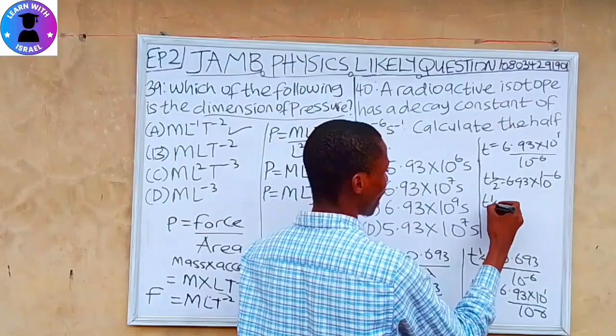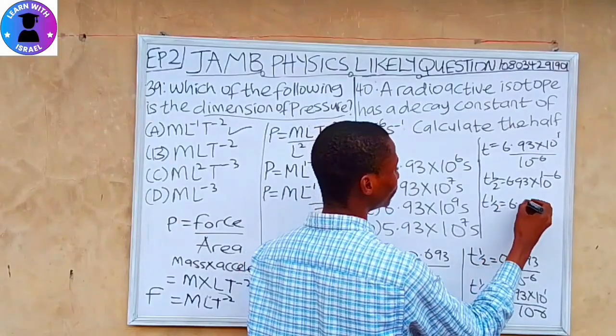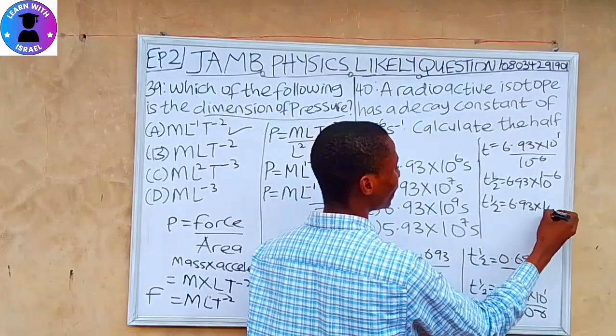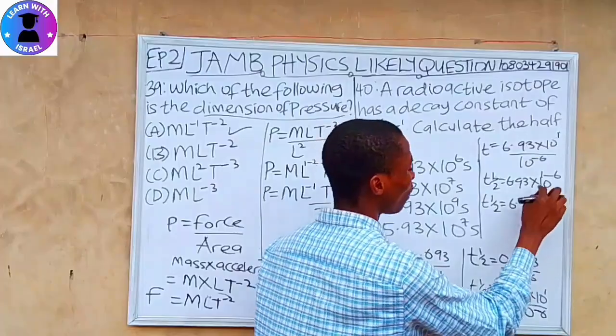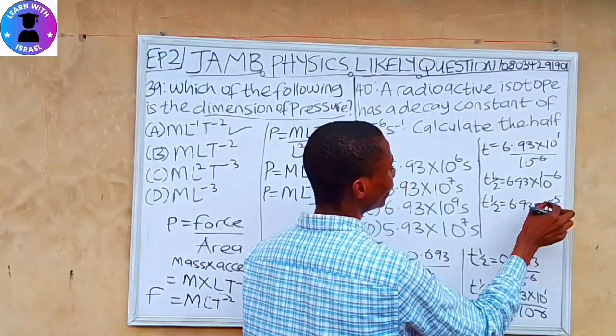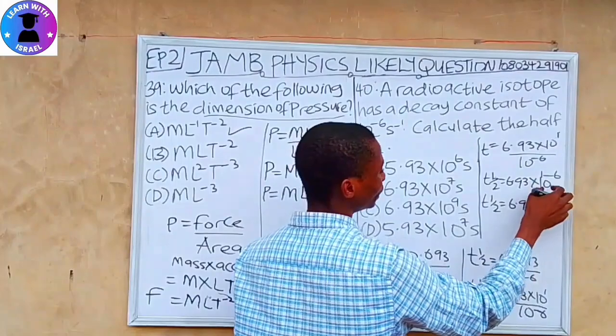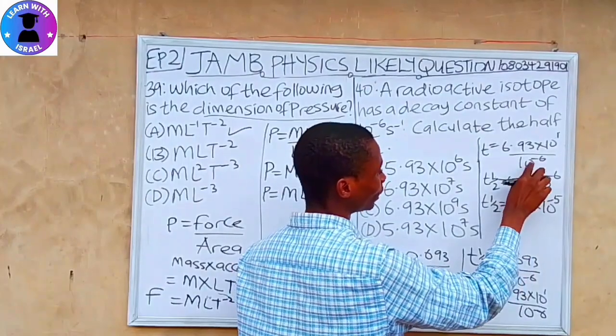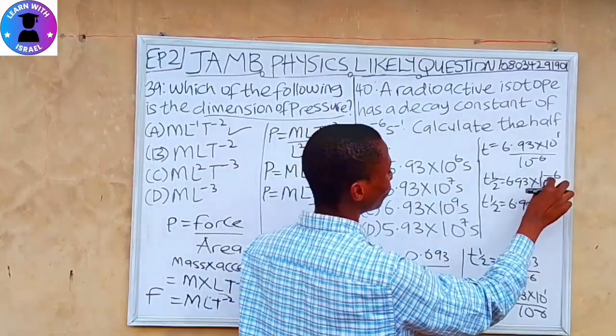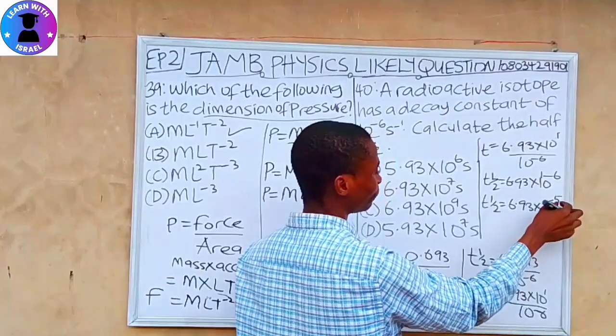So T half, which is half-life, equals 6.93 multiplied by 10 raised to the power minus 5, since 1 minus 6 is minus 5. We just take the minus 6 and subtract it from the 1 here.